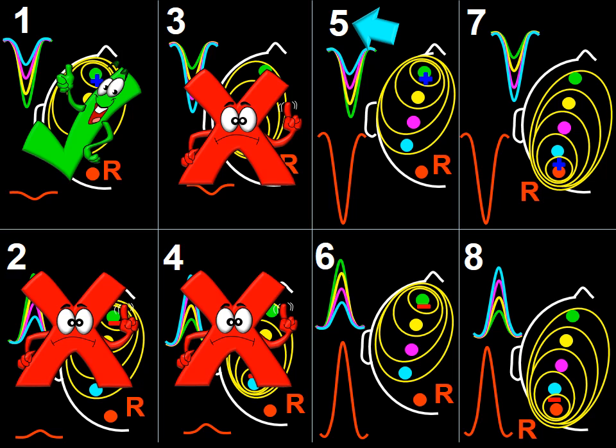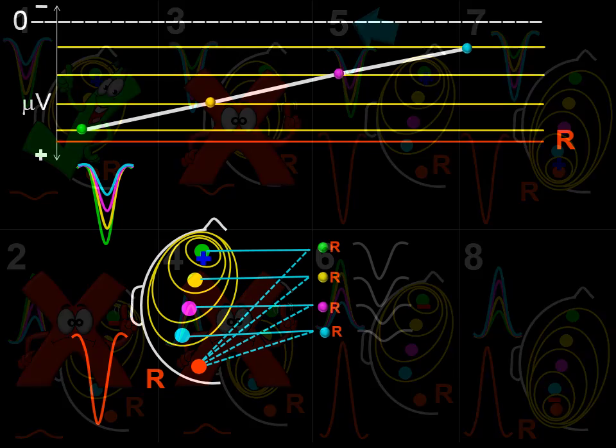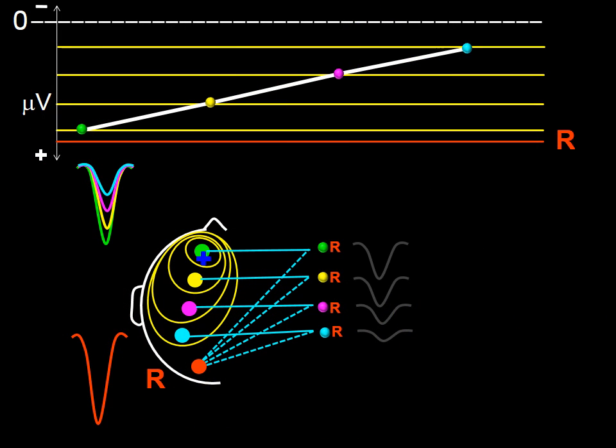Now we must consider option 5. In this case, we're dealing with a frontopolar positive field referred to the maximum positivity. This frame represents the frontopolar positive field in an isopotential map and the maximal positive reference.